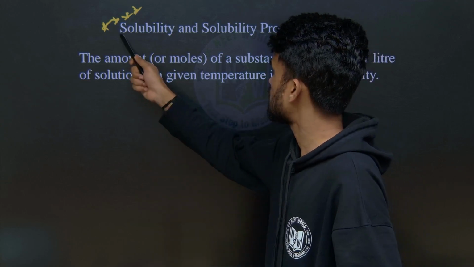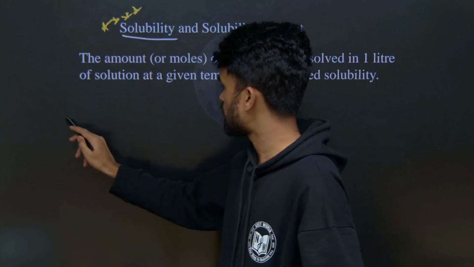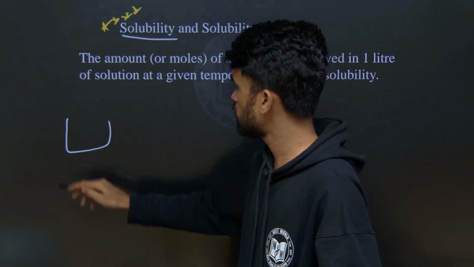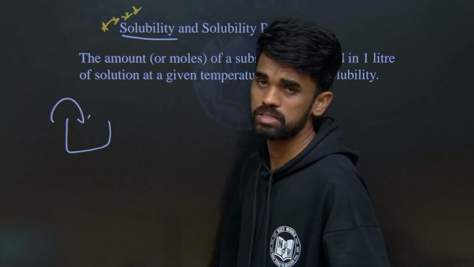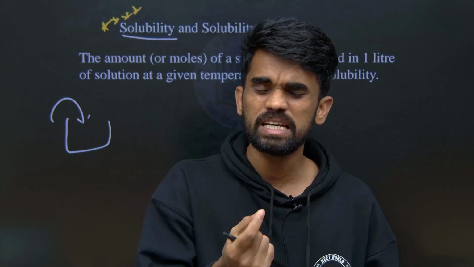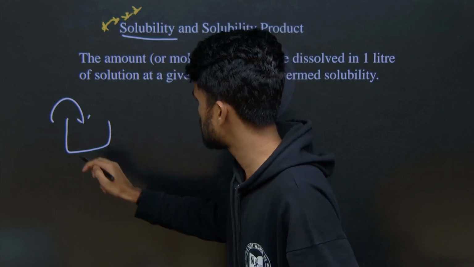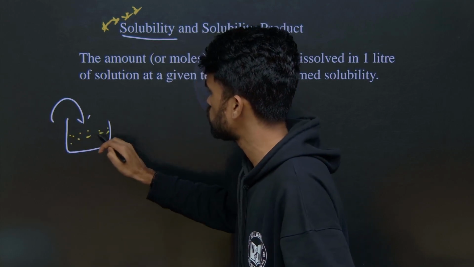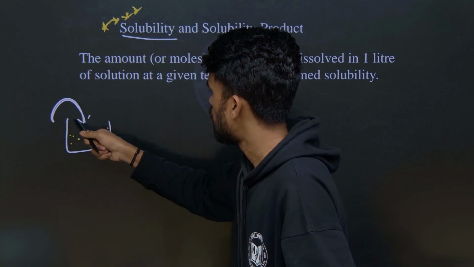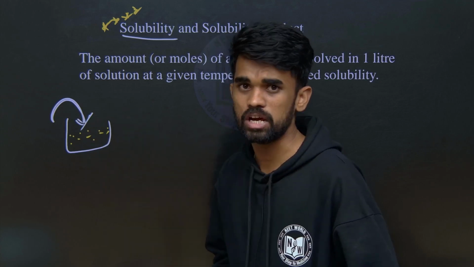So what exactly is solubility? For example, I have a container here, a beaker. In this I am adding a particular substance. Let us say I am adding a sparingly soluble salt. It means it has very low solubility. So to this solvent I am adding this solute, that sparingly soluble salt.